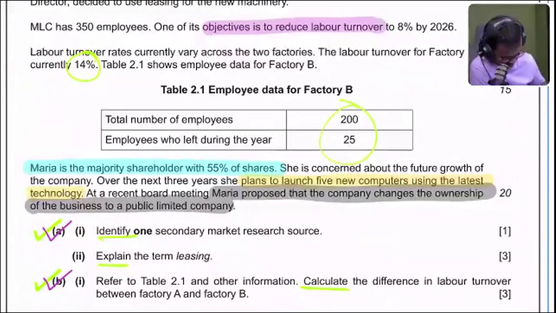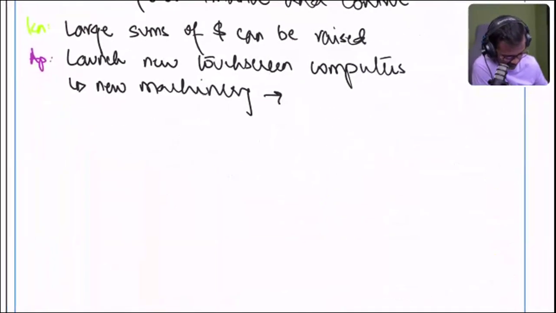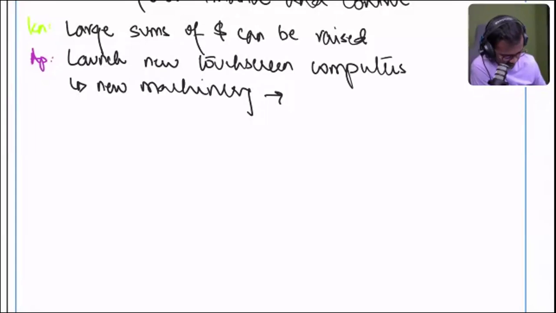And obviously, this technology they mentioned earlier as well in the case, that they're looking to buy new machinery, which is obviously going to be used for making touchscreen computers. So there's already a situation where machinery is mentioned. We also say that, look, it's needed for the new lines as well. This is going to be costly.